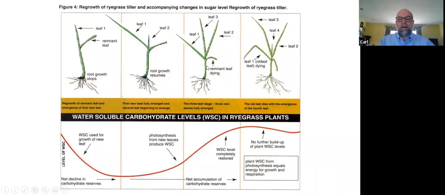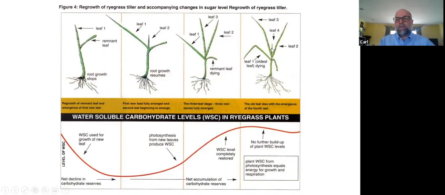Once that second leaf is fully emerged, and then you start getting a third, you're almost back to where you need to be. And then finally, once those three leaves are fully emerged, that's your sign that your carbohydrate reserves are fully replenished.